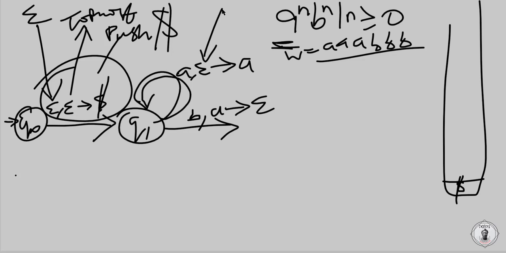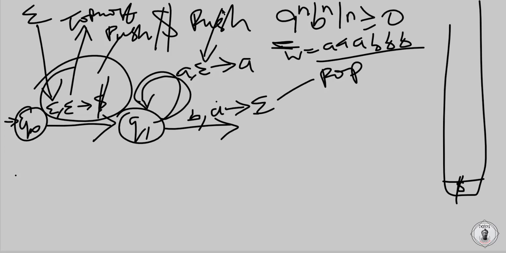Initially we were doing push, and now we are doing pop, because we have an element here and epsilon at the end. I want to pop until the stack is empty.